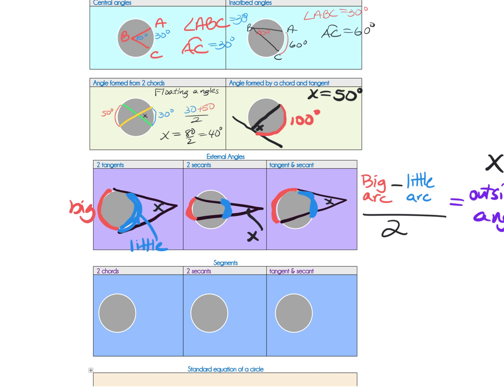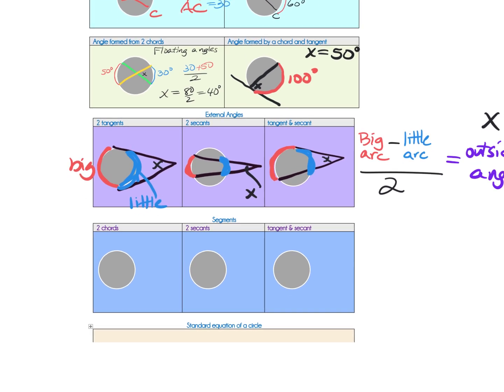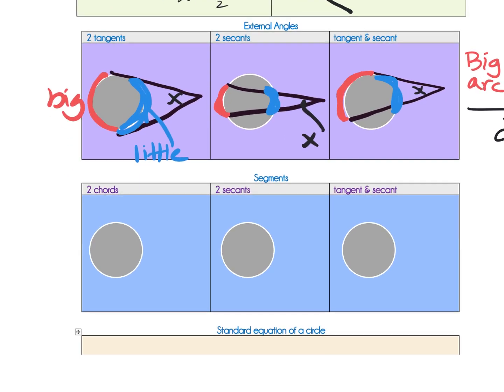Then when we're looking for the lengths of the segments, for example, if I have 2 chords here, and let's say I label these with letters A, B, C, D, and E, remember that when 2 chords intersect, it forms 2 little segments.